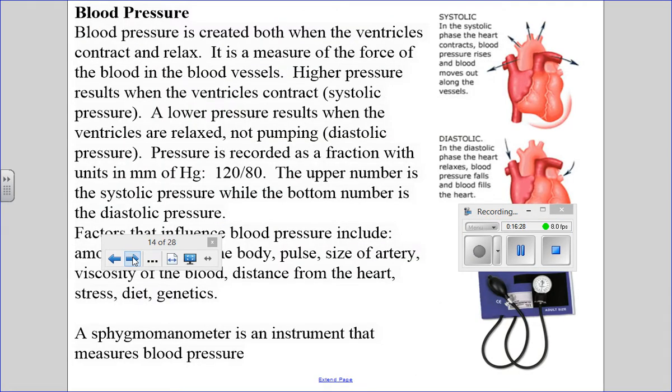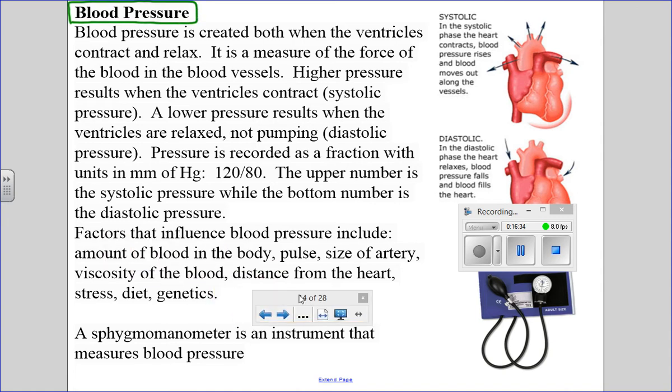So the next thing we'll talk about is blood pressure. Now, blood pressure is a little bit trickier to measure. We have a couple of ways that we can measure blood pressure, but they all involve a thing that most people don't enjoy, the really tight cuff around your arm. We're going to use digital blood pressure cuffs so that you don't have to worry about counting and thinking about heartbeats.